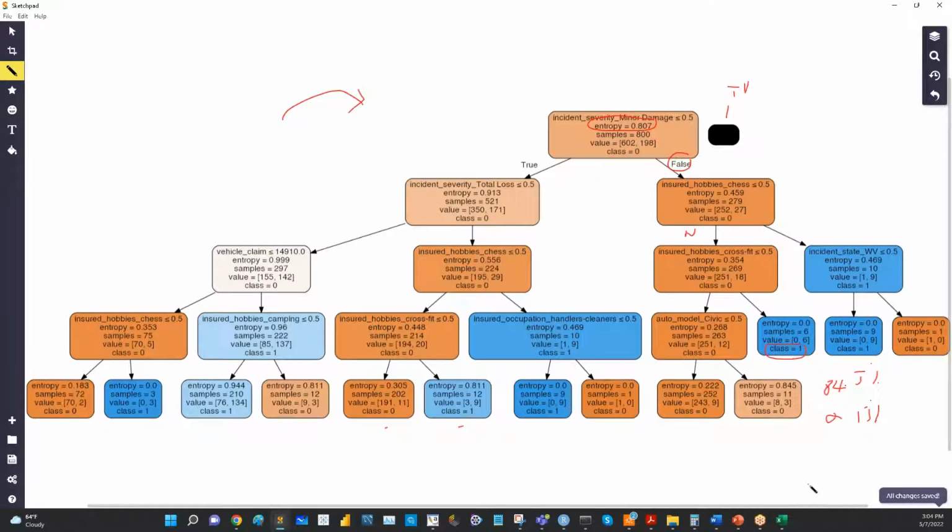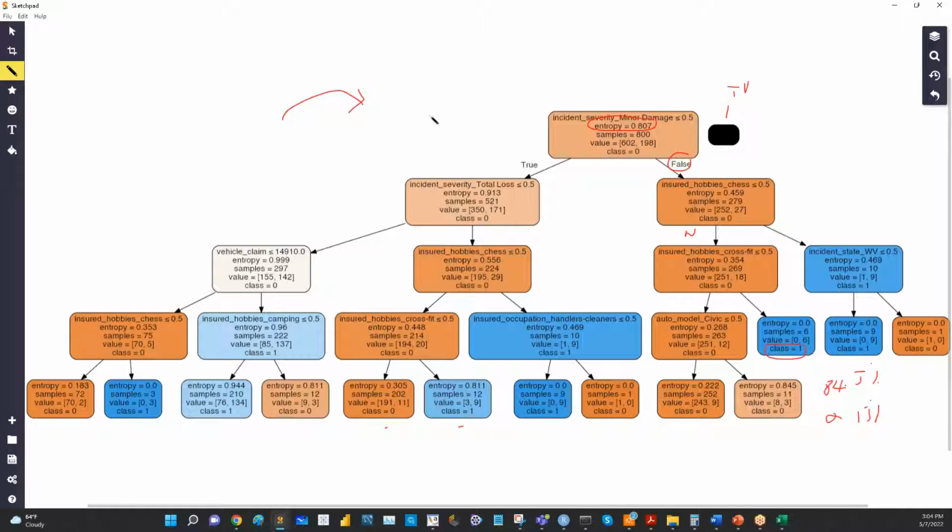Okay, let's pick another one. Muhammad Khan, please do it yourself. You just called in to report a claim. Question: is your incident severity, minor damage, greater than 0.5 or less than 0.5? Muhammad Khan. Okay, let's try Asad. Do you want to try? Yeah, sure. So first of all, this is severity that we are checking.